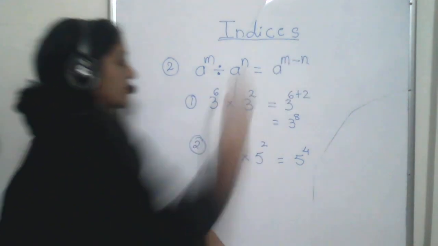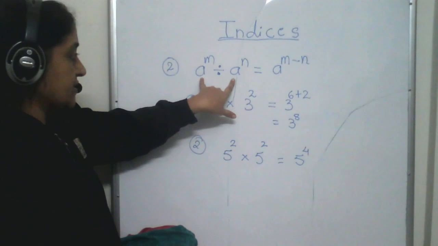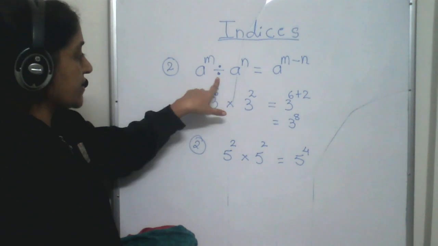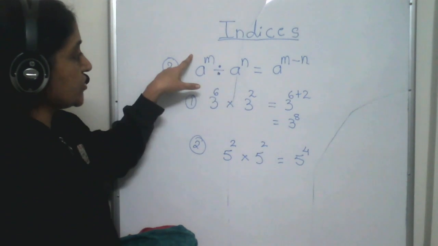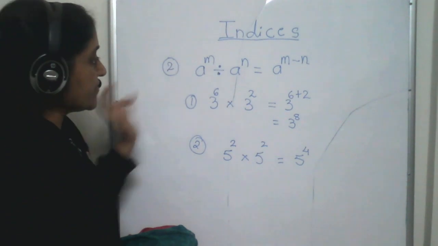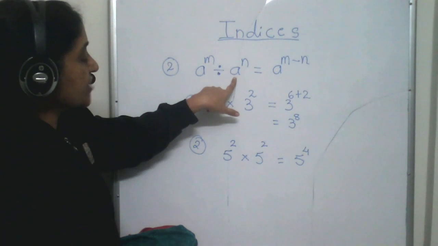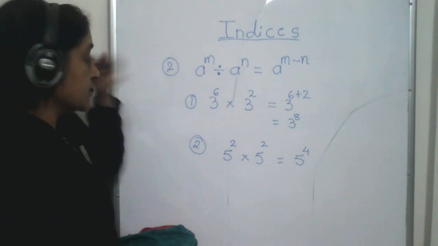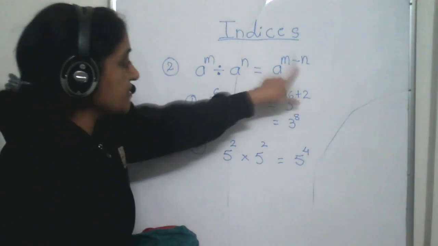Now you know that the bases are the same, both are in division form, and their exponents are different. Whether they are different or the same, that doesn't matter, but the exponent of the base which is in the denominator is going to get subtracted.